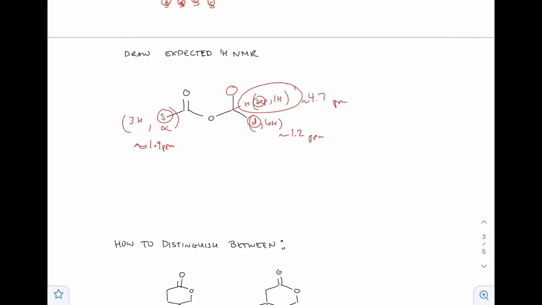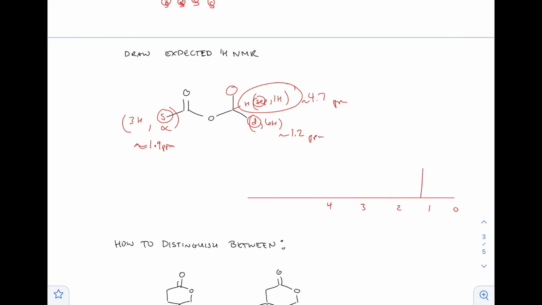And then the way it would look on the proton NMR is, let's just do 4, 3, 2, 1, 0. And so we would have a singlet, or I'm sorry, a doublet at 1.2.